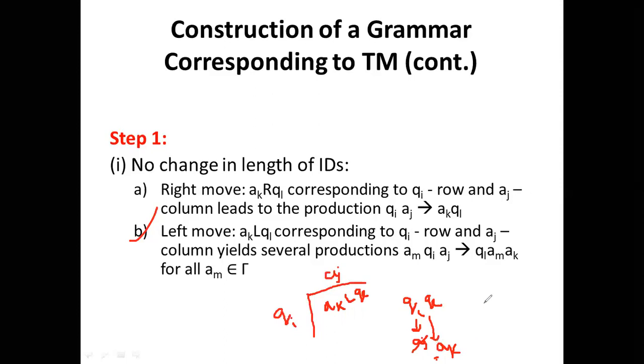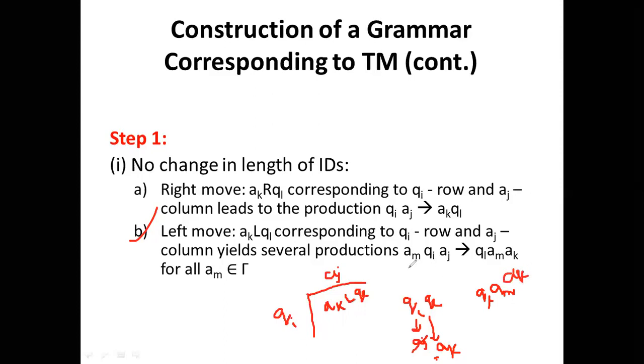Here the Q_l is your beta, then the read-write head is on A_m, and after A_m it is A_k.